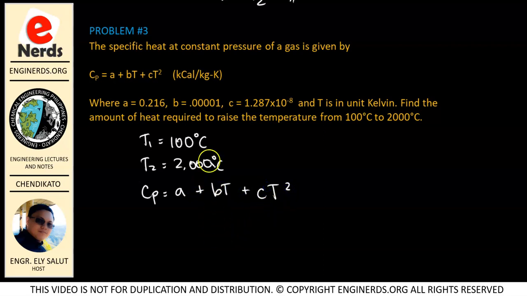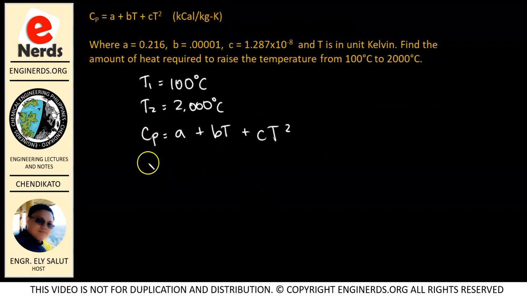Okay? And of course, given are the values of our A, B, C in here. Now, we need to find the amount of heat required to raise the temperature from 100 degrees Celsius to 2000 degrees Celsius. So, we are looking for the value of Q at constant pressure here, right? And we know that at constant pressure, this is just equal to our delta H.